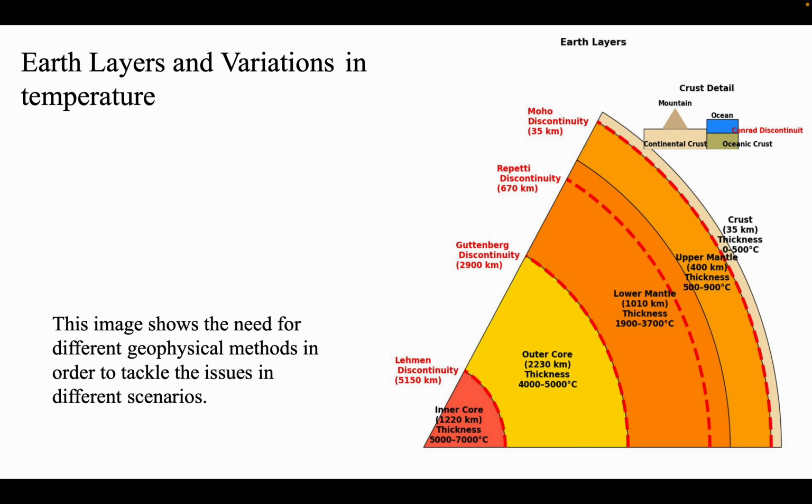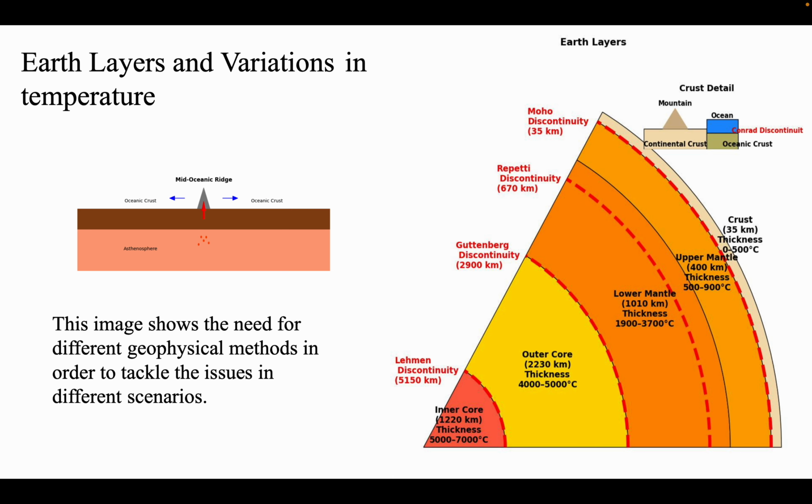Next, what I want you to understand is that since Earth has different layers, there are different properties which we are studying. So for example, near a mid-oceanic ridge, the mantle is warm and there is a volcanic eruption going on.